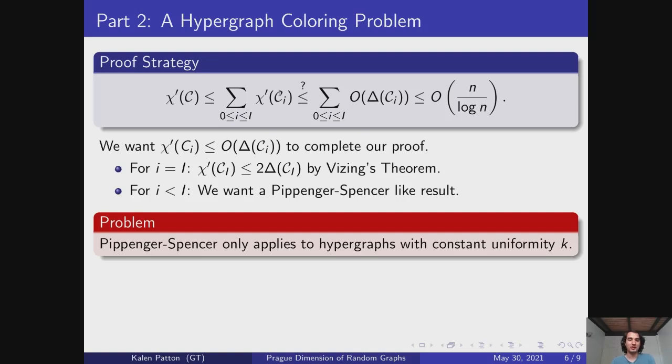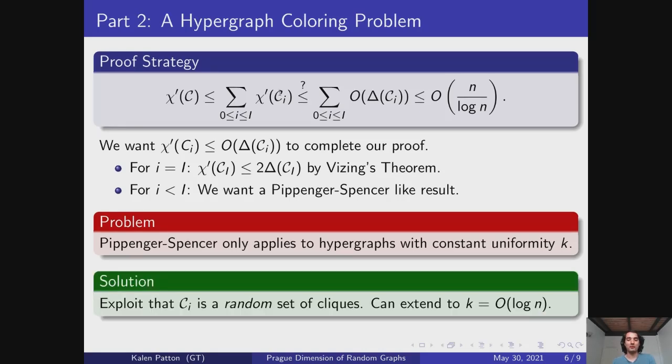So this is a problem, but it turns out that we can overcome this if we exploit the fact that each C_i is not simply an arbitrary hypergraph, but is actually a randomly sampled set of cliques. And it's this randomness in the determination of C_i that allows us to extend Pippenger-Spencer's result up to k on the order of log n for these particular hypergraphs.